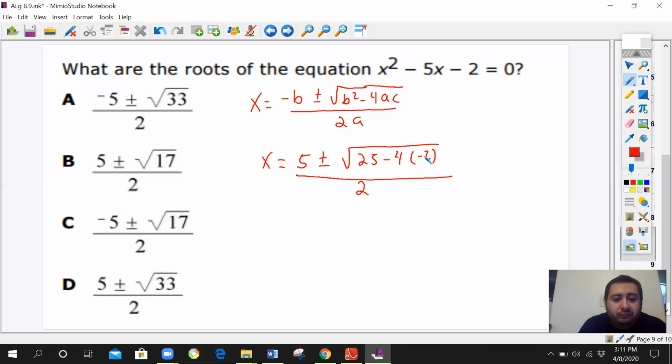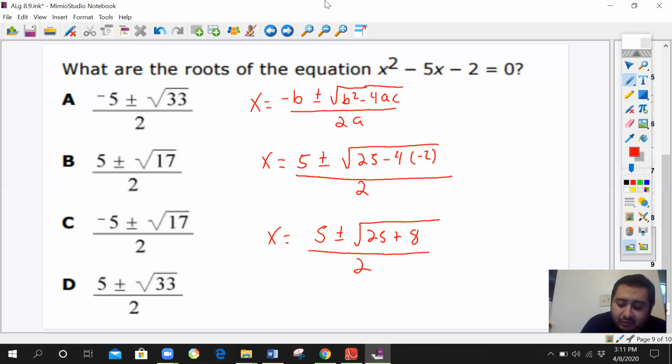All right, so let's go ahead and finish this. You have x equals 5 plus and minus the square root of 25 plus 8. What's 25 plus 8?